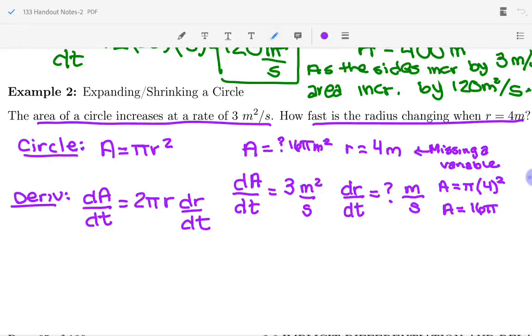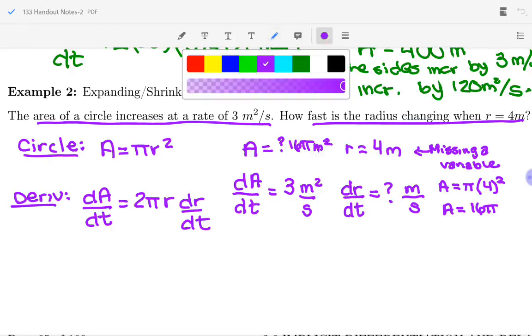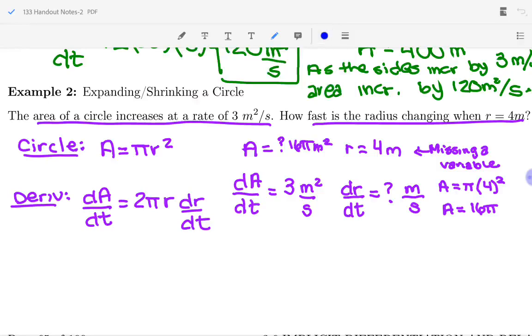So now I can plug in and solve for dr/dt. So I have dA/dt is 3. That stands for 3 meters squared per second. And then I have 2 pi times my current radius, which is 4, times dr/dt, what I'm trying to solve for.